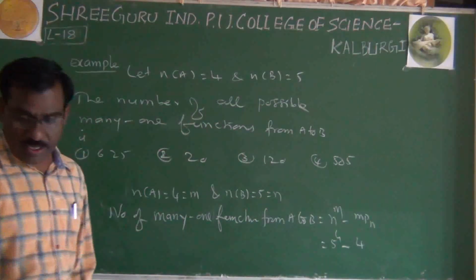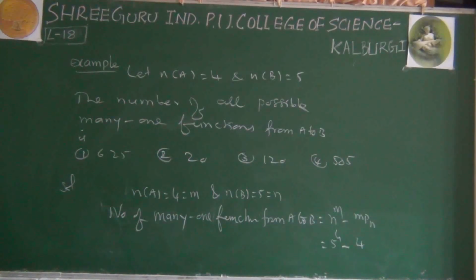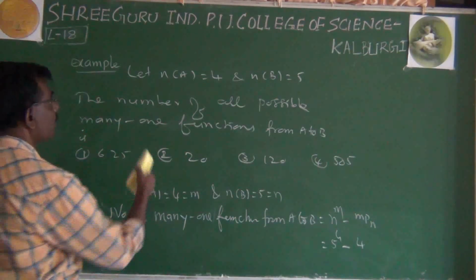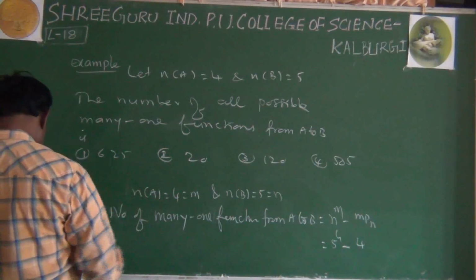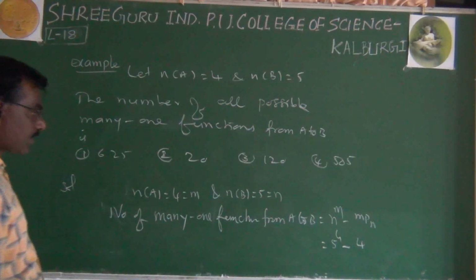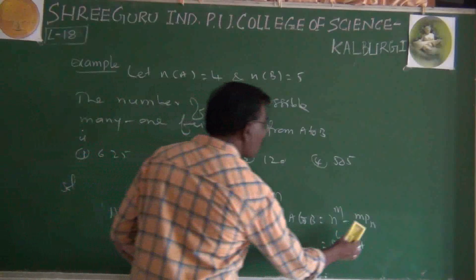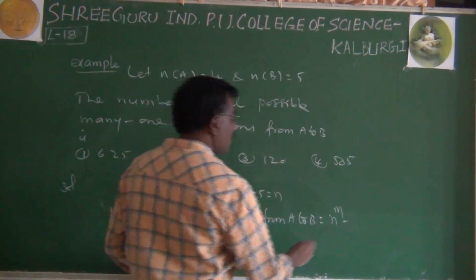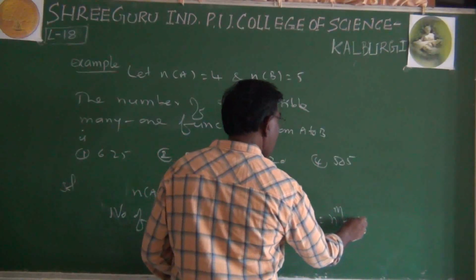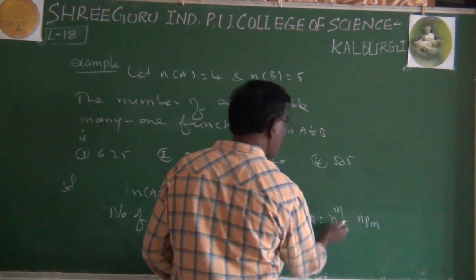Let me check the formula: n of B raised to n of A, minus nPm. It is n raised to m minus nPm, not the opposite, reverse.